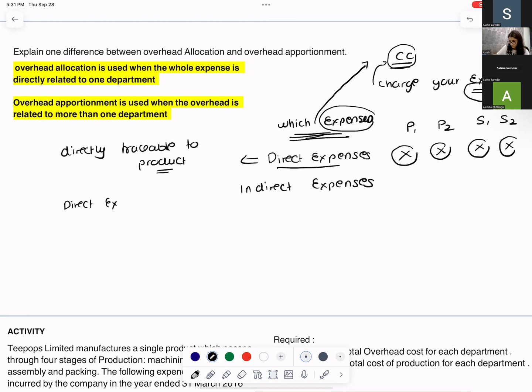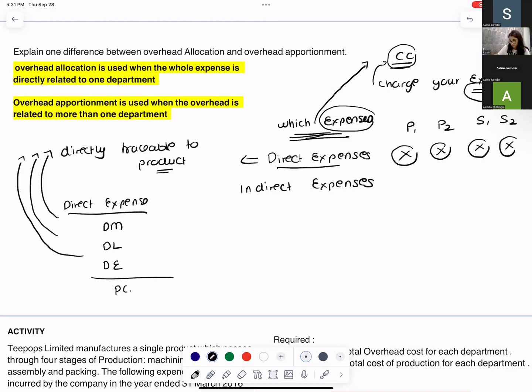Direct labor, direct material, and direct expenses, which is the prime cost. Direct expenses are those expenses that can be directly traceable to the product. That means I directly know which department has how much amount of direct expenses.